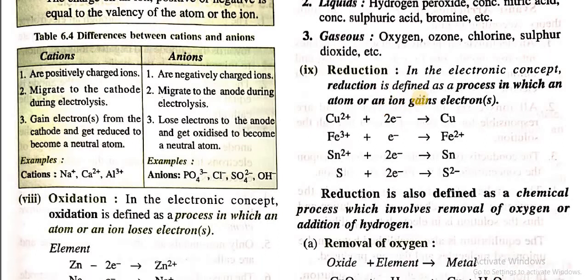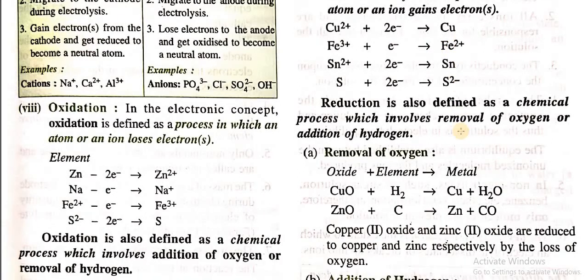Similarly, reduction on the basis of the electronic concept is the process in which an atom or an ion gains electrons. So copper ions gain 2 electrons to form a copper neutral atom. Fe3+ gains 1 electron to form Fe2+. Similarly, reduction is also defined in another way.